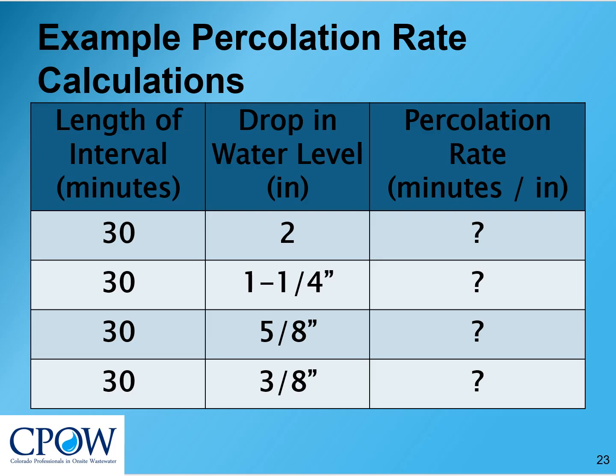The next one is 30 divided by 5/8, or converting that to a decimal, 0.625. And then 30 divided by 3/8, or 30 divided by 0.375. Here we can see as we do that math, 30 divided by 2 is 15, 30 divided by 1.25 is 24, 30 divided by 0.625 is 48, and 30 divided by 0.375 is 80.